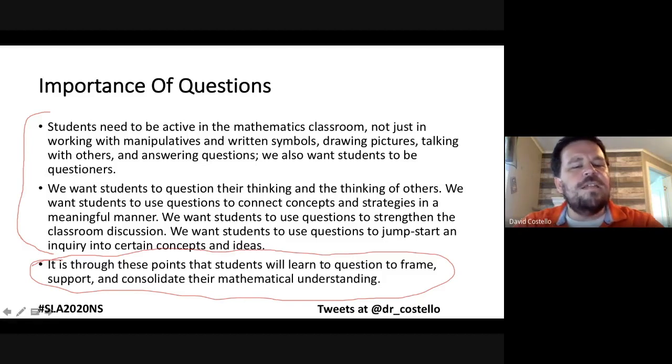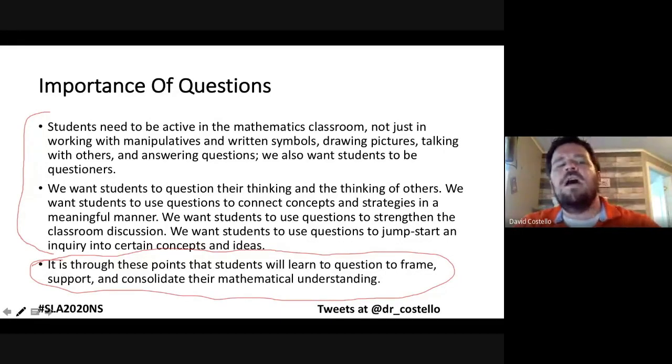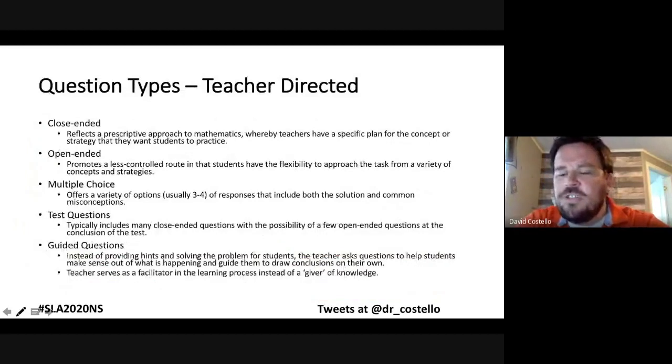I think that we need to go beyond the surface level when it comes to questioning. And I just asked some teachers during this interruption in student learning this year with the whole COVID-19, what are some question types? And here are some of the things that I had as a response. People talked about closed-ended questions and open-ended questions.